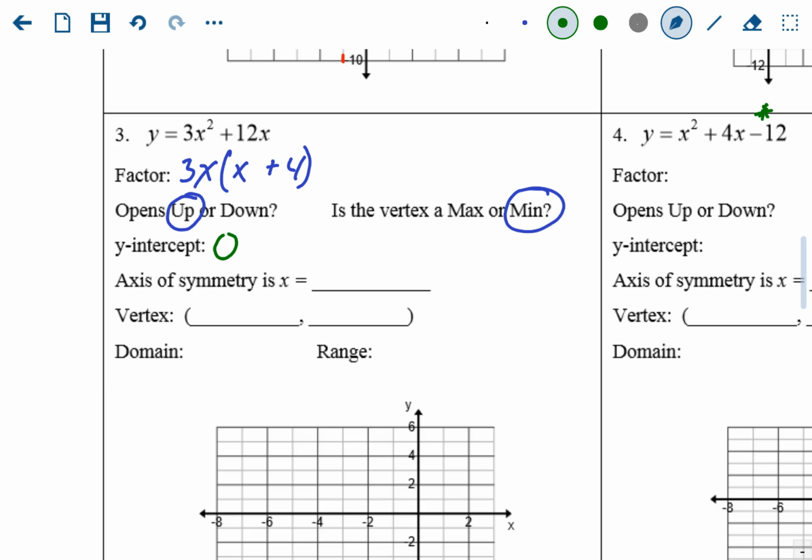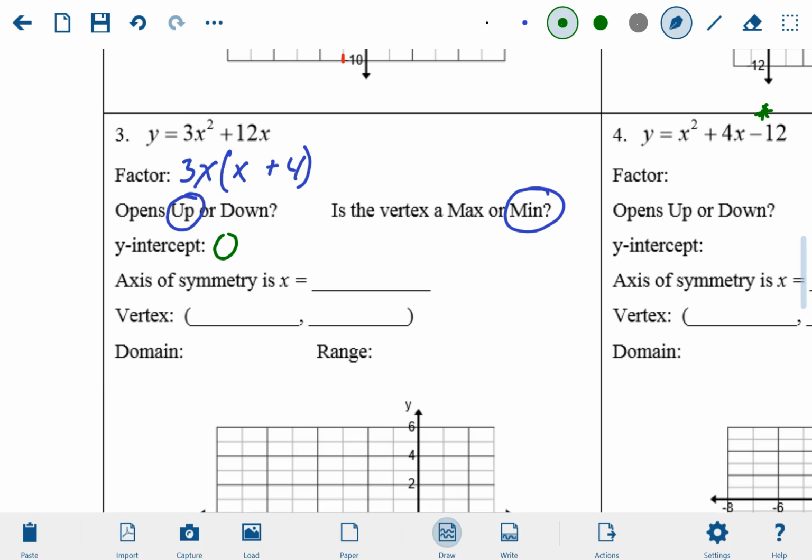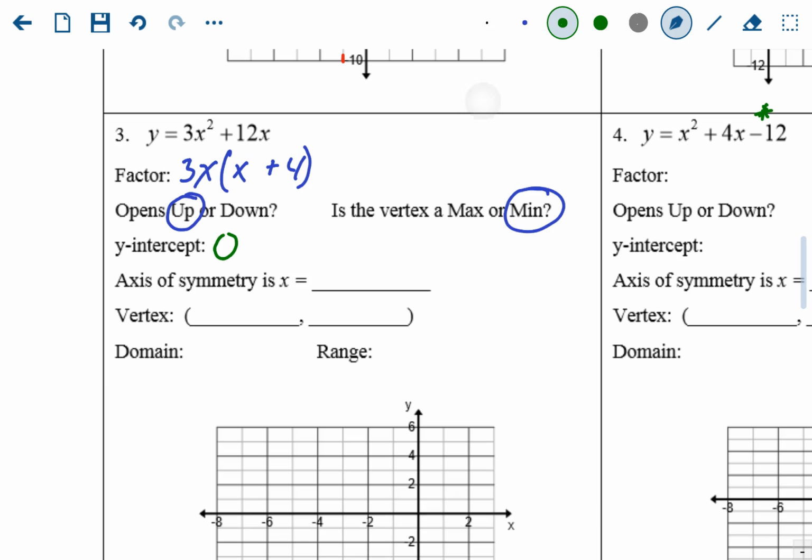The axis of symmetry, you can find from standard form or from factored form. The axis of symmetry is the opposite of b over 2a. In this particular problem, the a value is 3, the b value is 12, and the c value is 0. So the opposite of b would be negative 12 over 2 times the a value, which is 3.